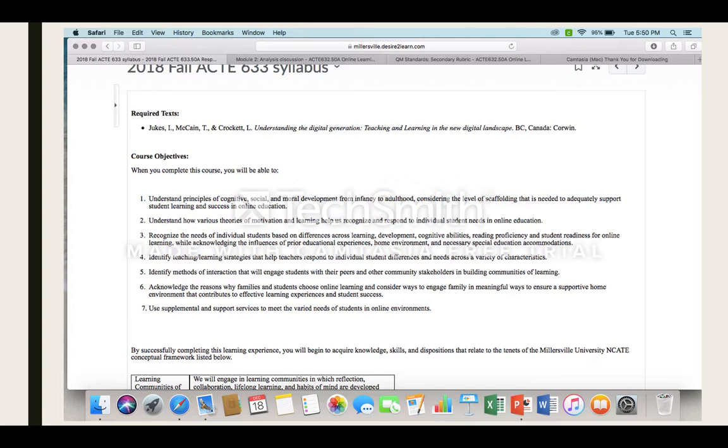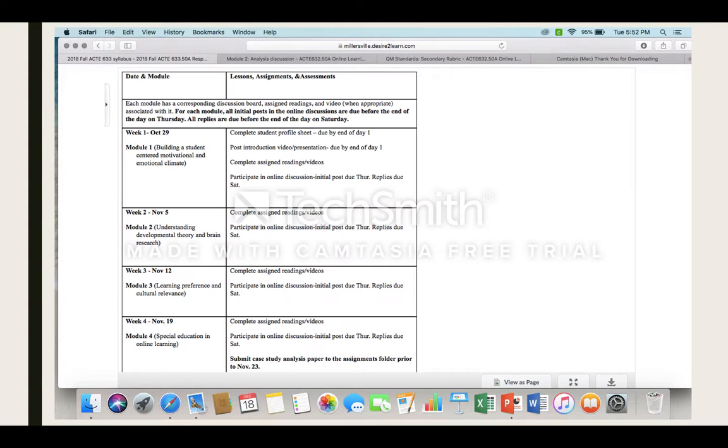Also, another one was identify methods of interaction that will engage students with their peers and other community stakeholders. And also identify teaching and learning strategies that help teachers respond to individual students and their differences and needs across a variety of characteristics. And we did various discussion boards and assessments and assignments throughout the course that correlated specifically with all of these objectives.